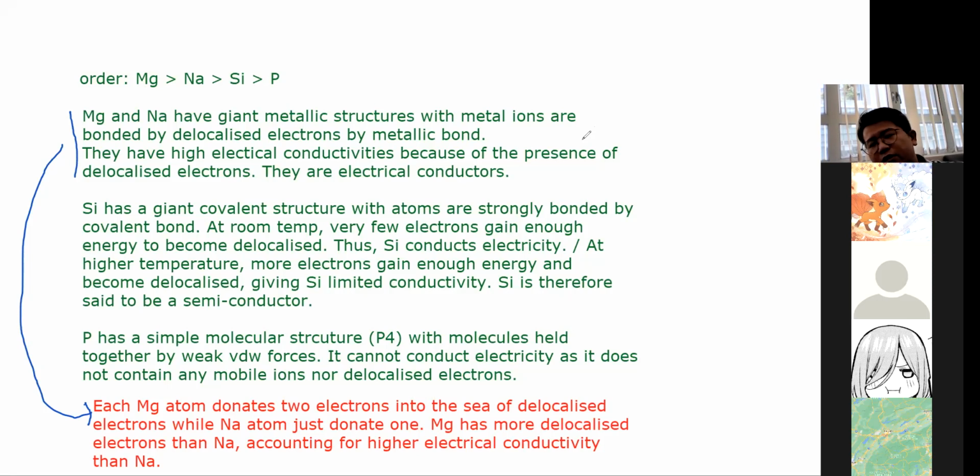But for conductivity, you are talking about how much charge can transfer in a certain period of time, right? You talk about current, the concept of current, right? So go back to the number of delocalized electrons in different environments. It comes from the donation of electrons from each metal atom. Understood?